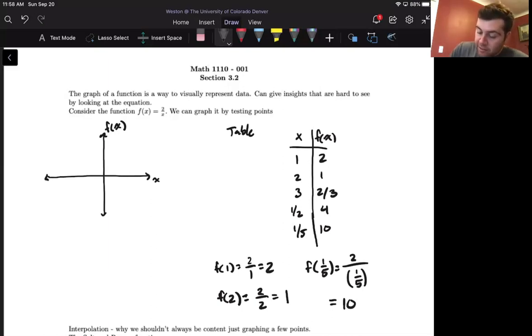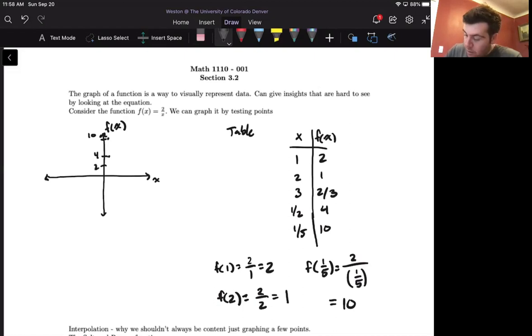So our graph looks something like this, where at small numbers we're big. Just clean that up really quick. That should be a 4.